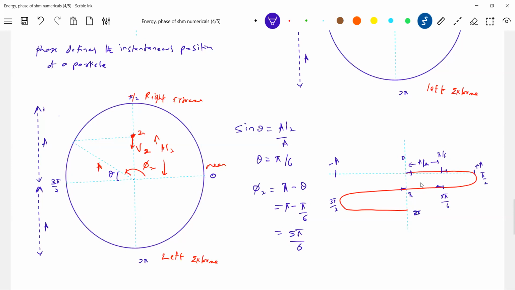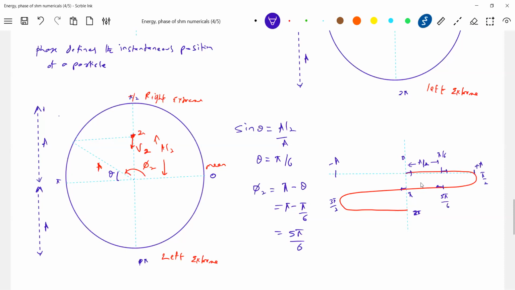Sir, I'm saying that the left extreme should be at 3 pi by 2, sir. Sir, in the phase diagram, you drew it at 2 pi. You missed a pi. Okay, sorry. This one, yes, fine. This is pi by 2. This should be pi.